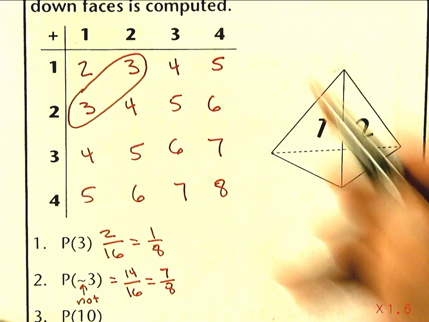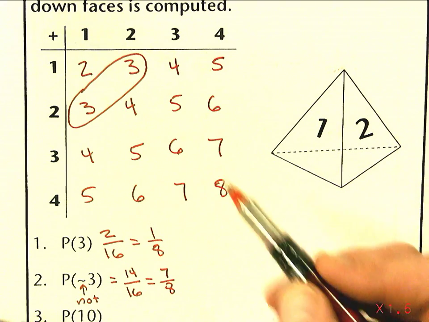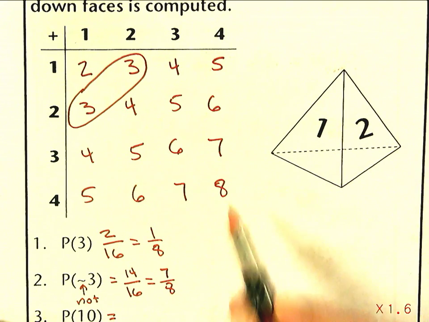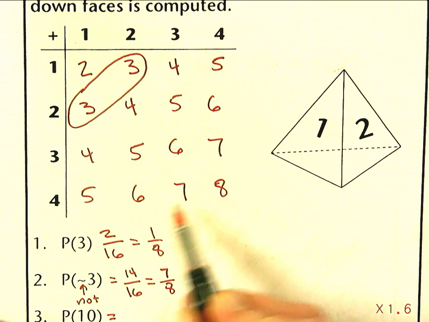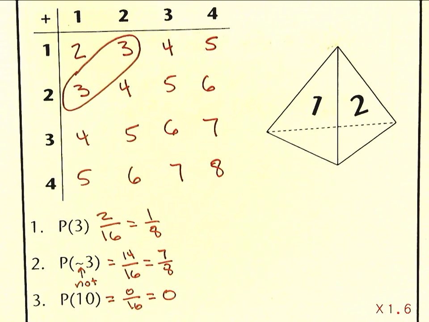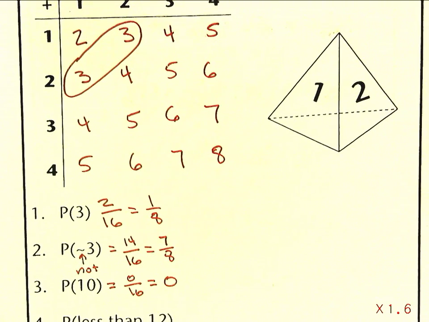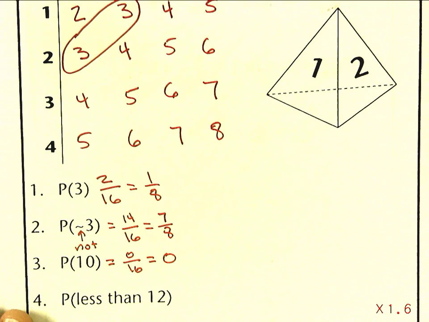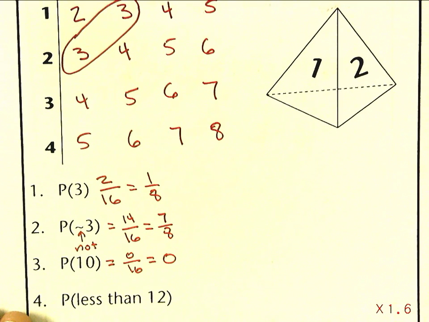So again, if we look at the probabilities here, the probability of getting a 10, well, it should be obvious that with a four-sided die, there are no possibilities of getting a 10, so it's 0 out of 16, or you could just say 0. There's no chance of getting a 10 with this. Now the next one, less than 12.